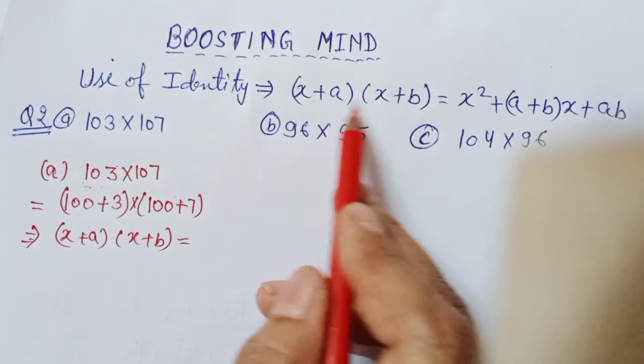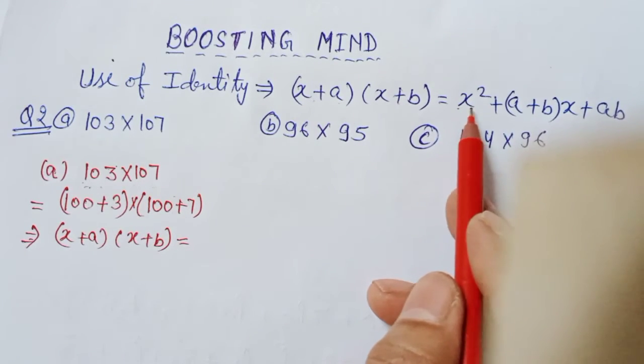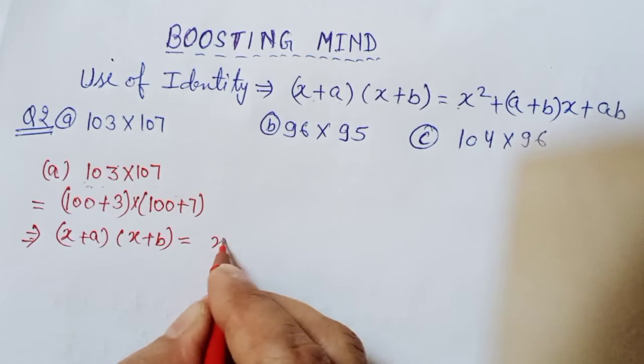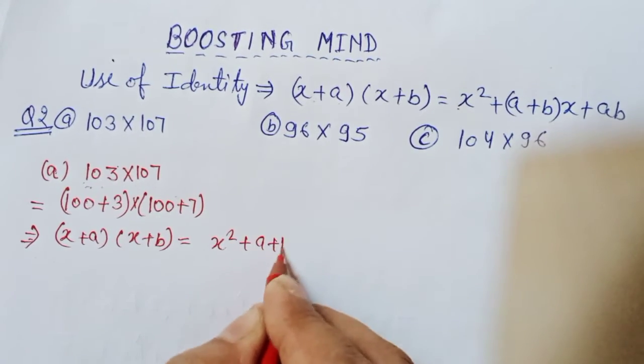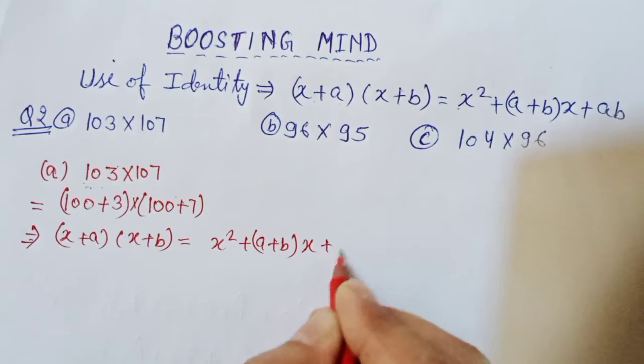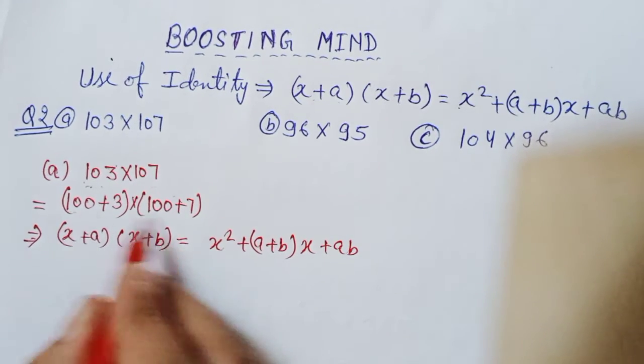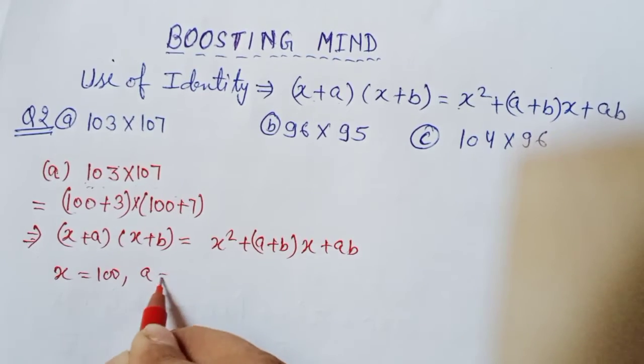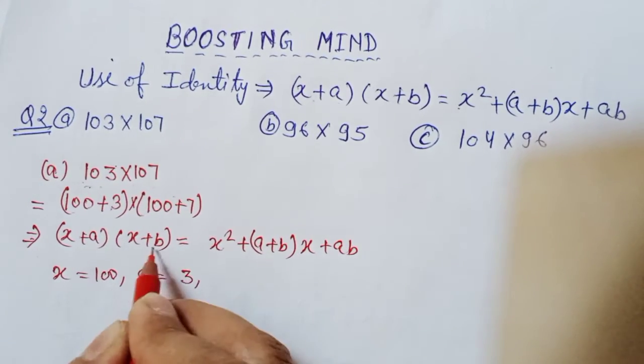(x plus a)(x plus b) can be expanded as x square plus (a plus b) into x plus ab. So write down the formula again. Now what is x here? x is 100, a is 3 and b is 7.